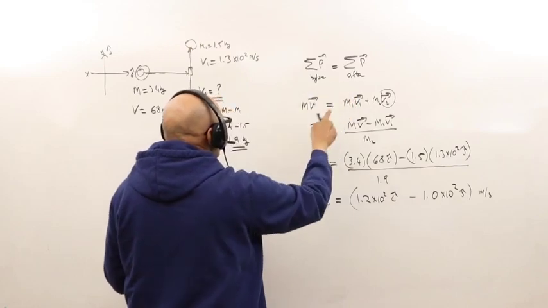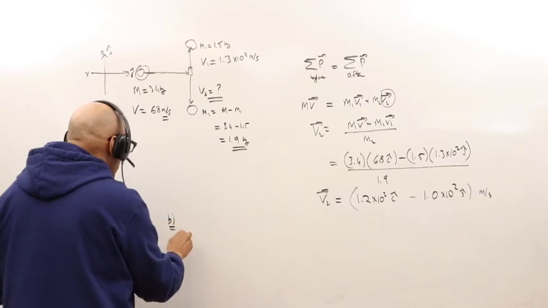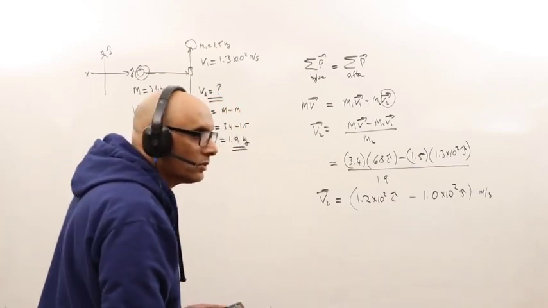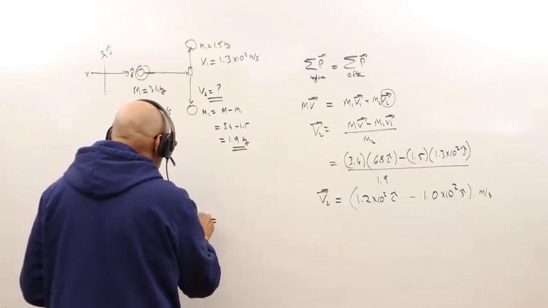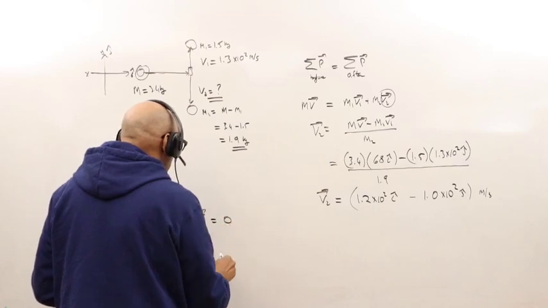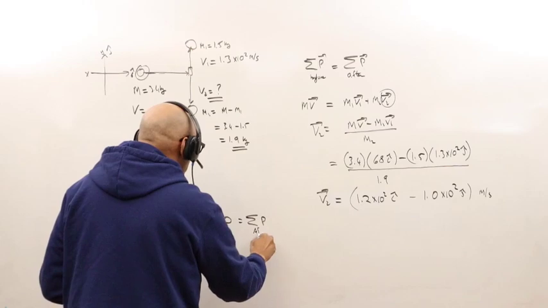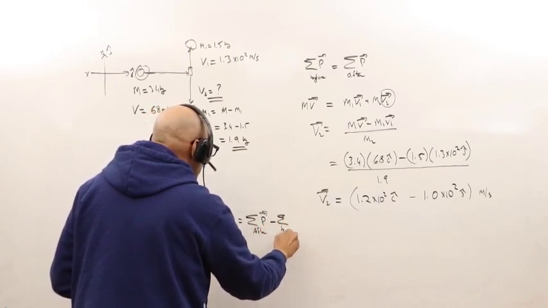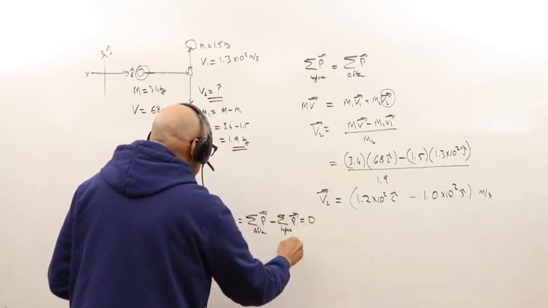They're equal to each other. So the impulse for part B, the total impulse, is 0, because that's equal to the total momentum after minus the total momentum before. That's equal to 0.